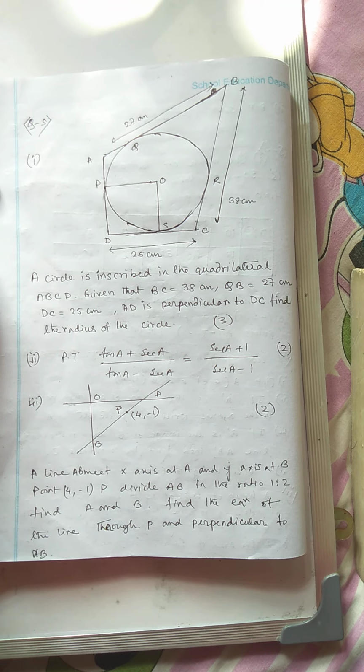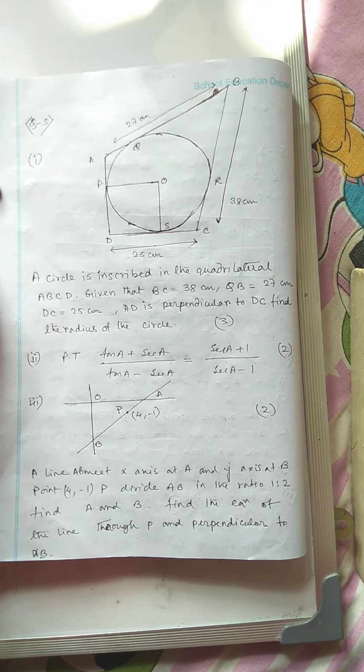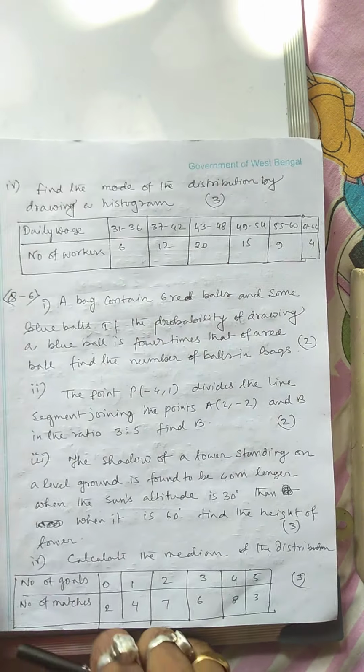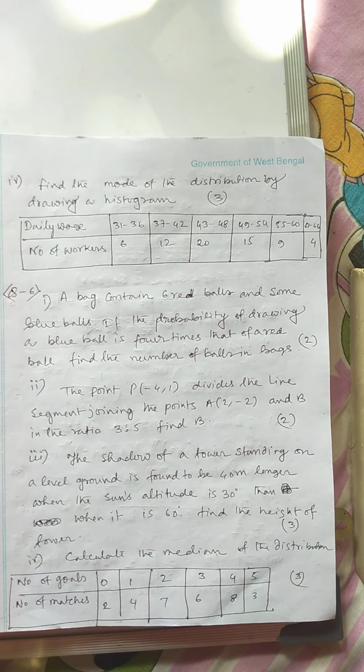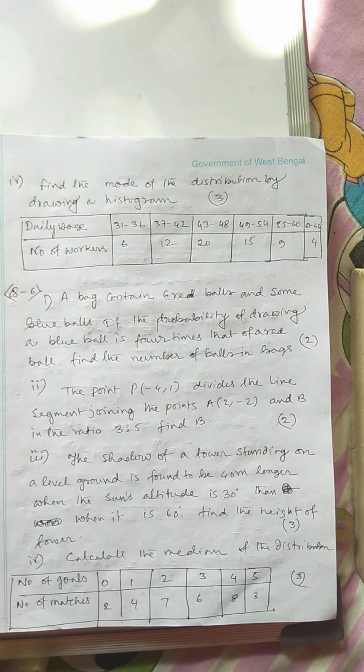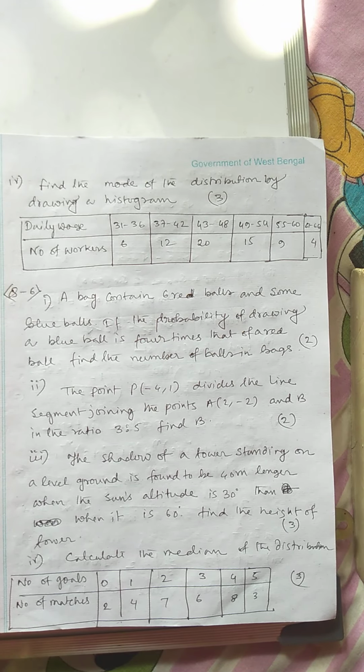So you have to use the concept of the perpendicularity condition. And then another question from statistics, question number 4. You have to use the concept of histogram, and this histogram-based maths is very important.